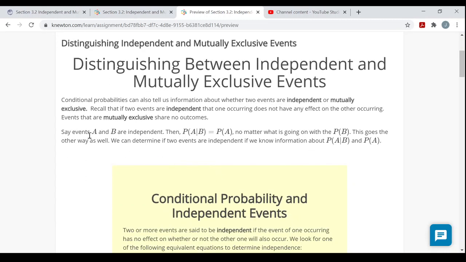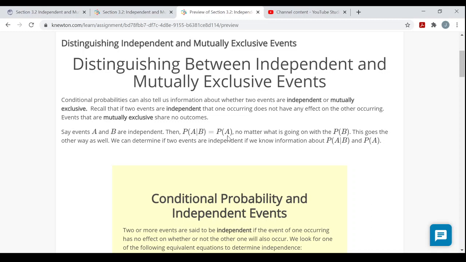All right, so say events A and B are independent. That means that the probability of A, given that B occurs, remember this notation here, that was the conditional probability, is just the probability that A occurs. So the fact that B occurred has no effect on the probability that A occurs.